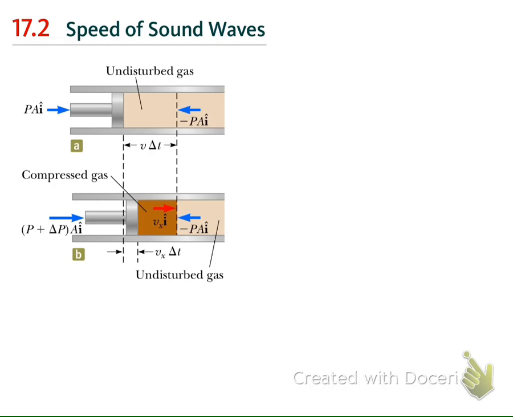That is, if we have the medium in this cylinder and we generate the sound wave by disturbing the medium by moving the piston here to generate the sound wave in the cylinder. So it is a wave in one dimension.